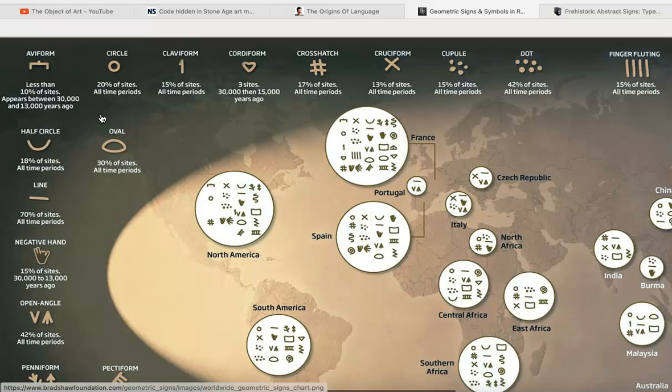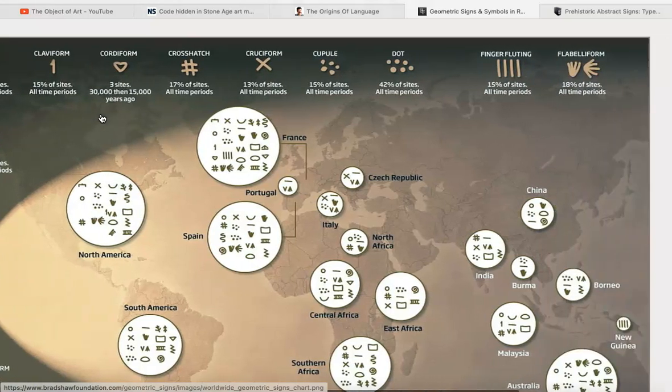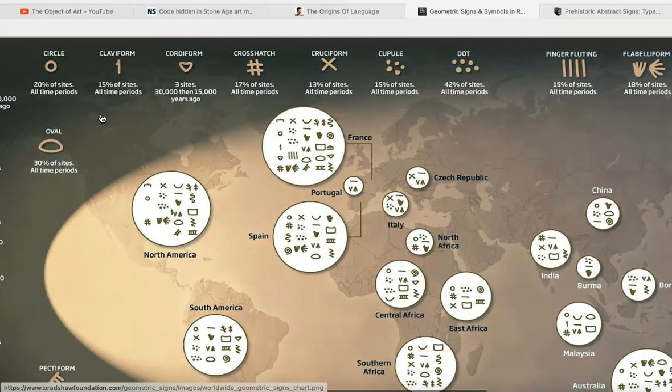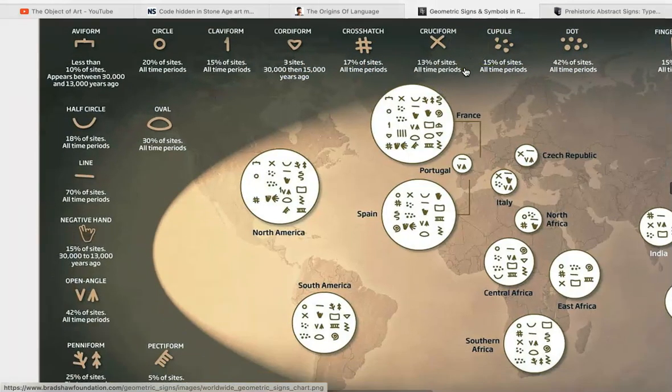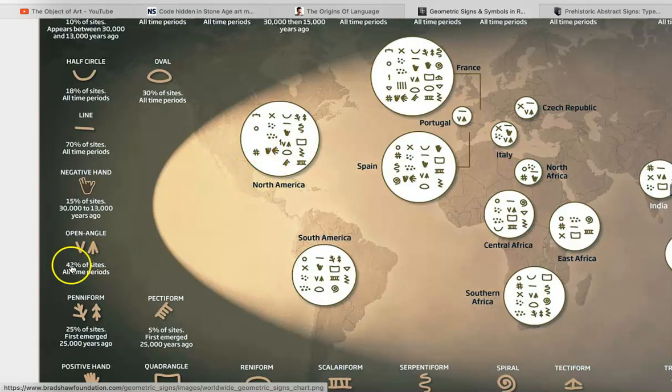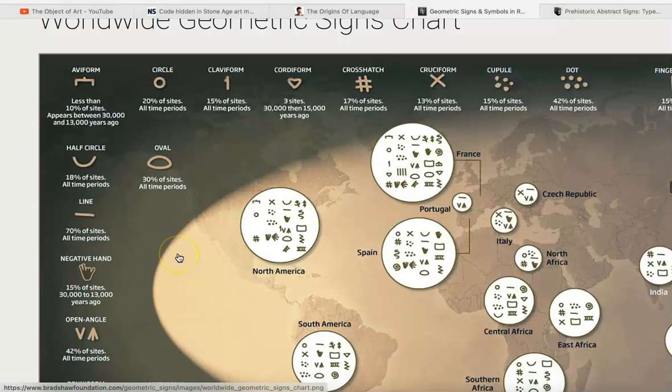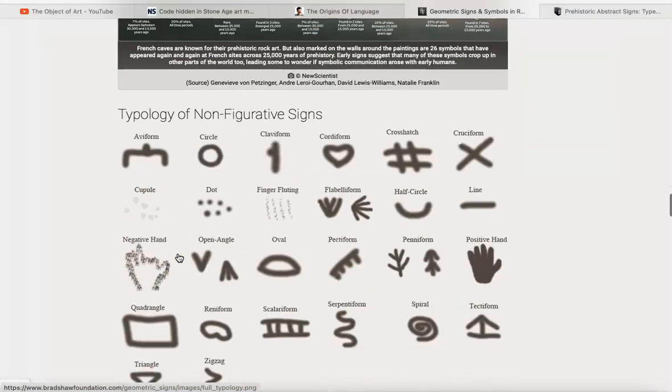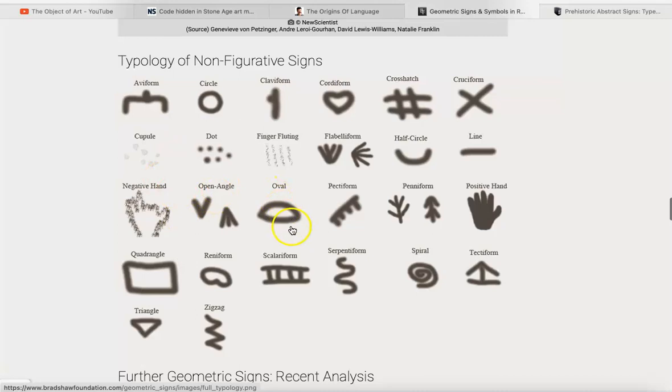All right, 70. So it seems like the most frequent ones are the dots, and that's 42%, and the open angle, that's also 42%. Interesting, interesting, interesting. But what else does it say down here? And there's a typology. Okay. All right.